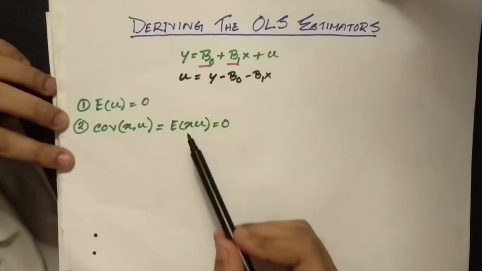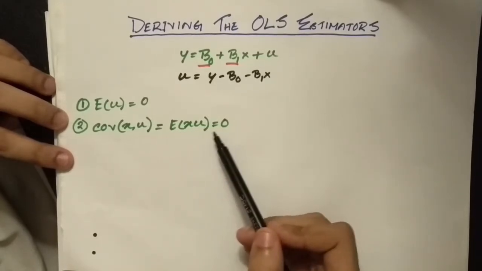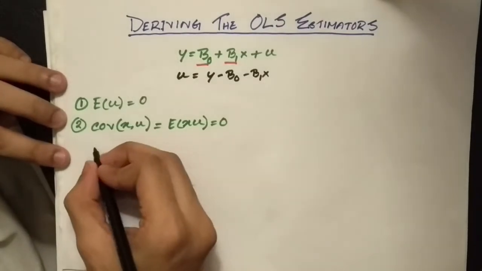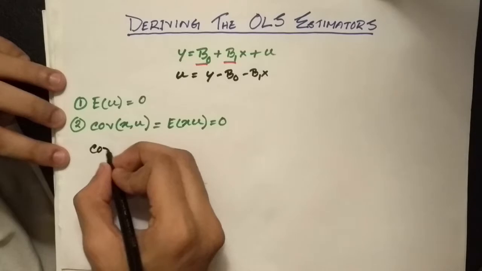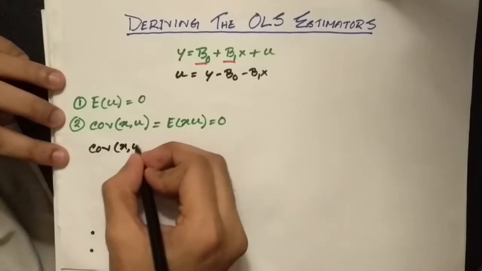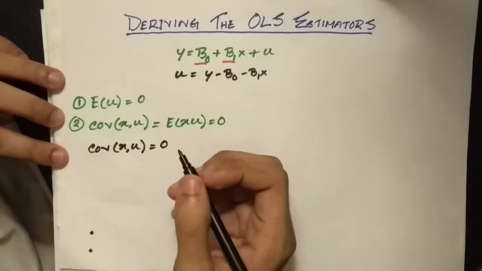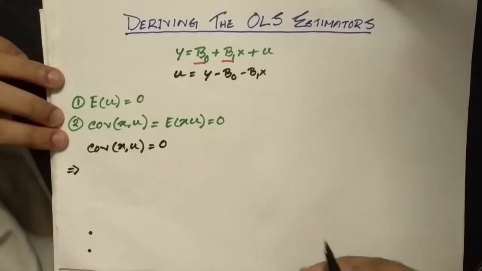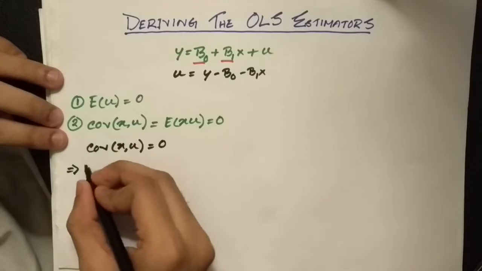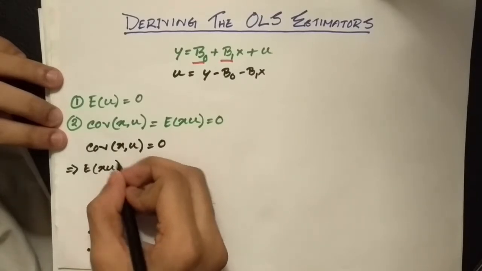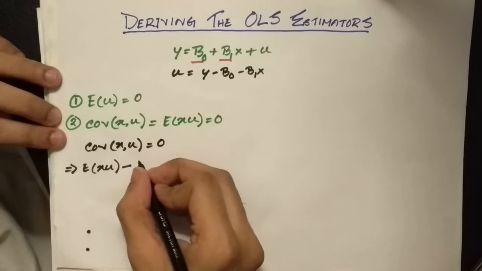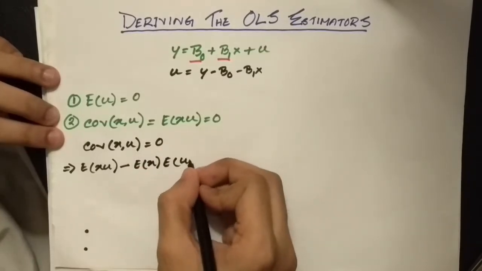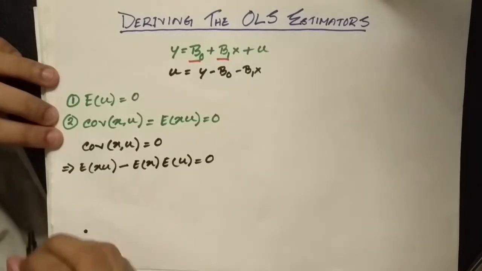Assuming the covariance of x and u equals 0, if we apply the formula of covariance, we can write it as the expected value of xu minus the expected value of x multiplied by the expected value of u equals 0.